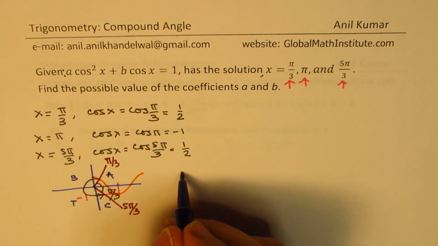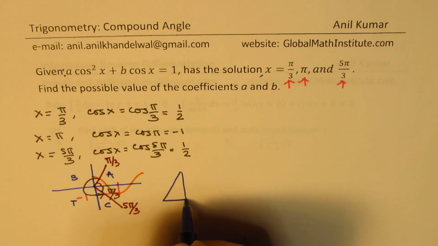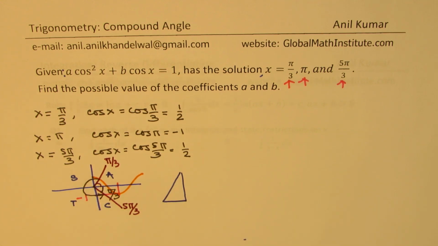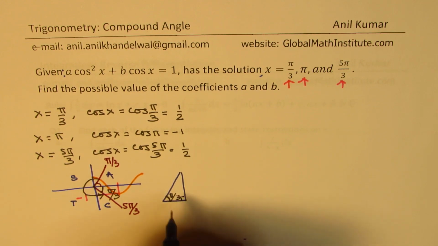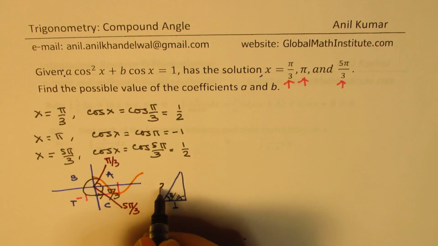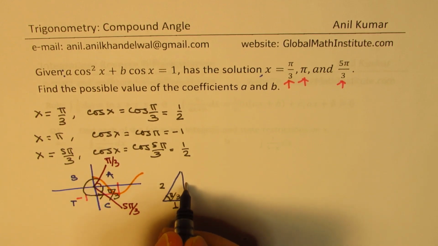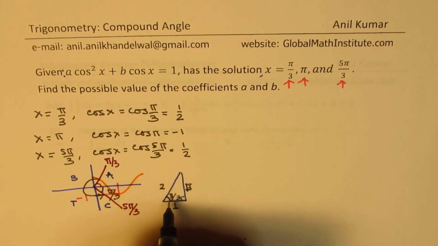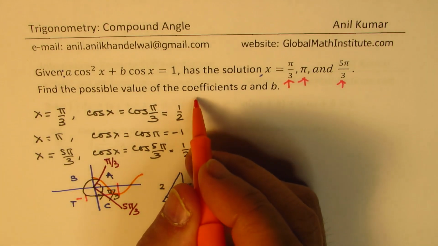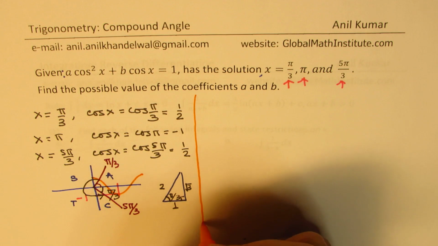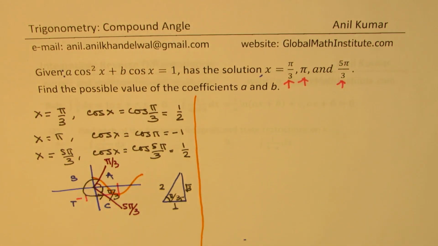Some of you can also make use of this special triangle, which is pi by 3, pi by 6 and pi by 2, right? So this is your triangle which gives you the value 1 over 2 for cos pi by 3. So that is the base. Perfect. So I hope that is clear. These are basic concepts. So from the basic concepts we got this value.